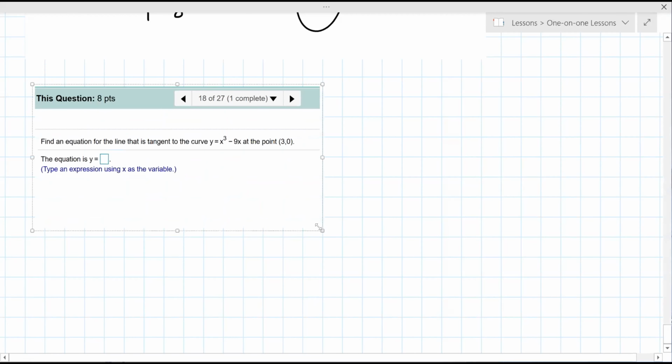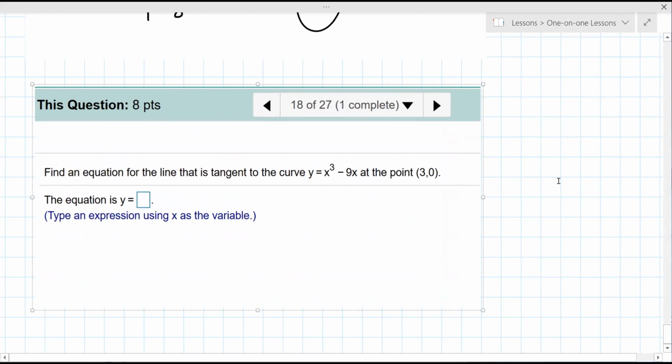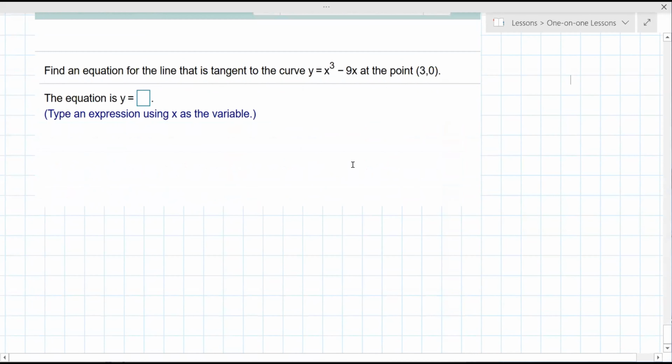19. Here, I'll just write them down in case you want to do that. 19, I would like to touch on. 20. 21.